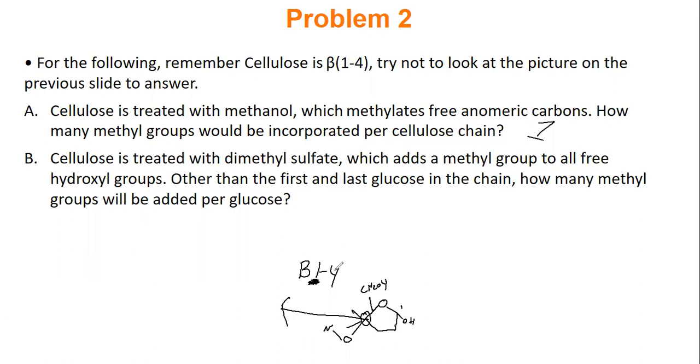Now B, let's take a look at this. For cellulose, now we add dimethyl sulfate, which adds to all free hydroxyl groups. How many of these will be added other than on the first and last glucose? I know I said not to look at the previous page, but it's way easier than me doing these really bad drawings.